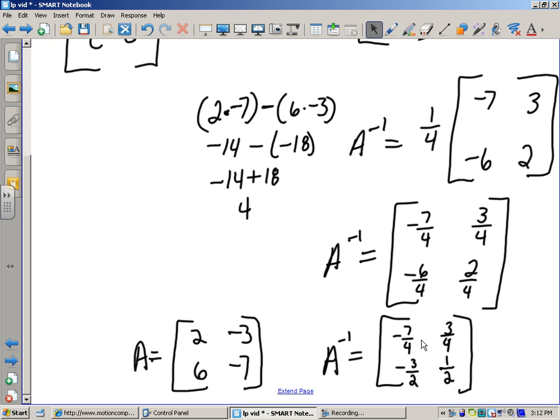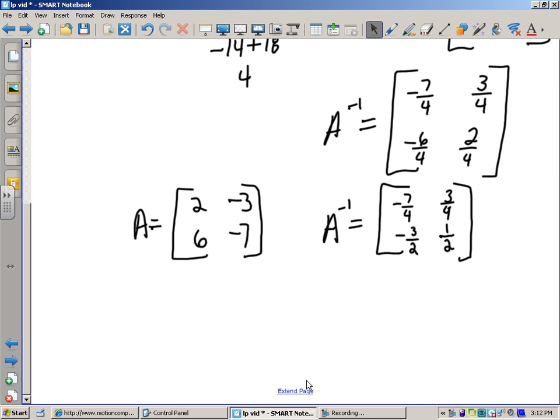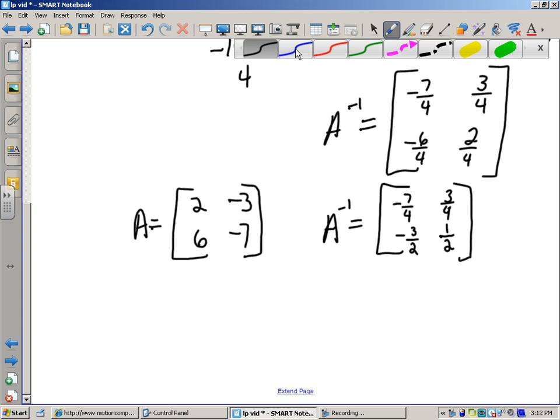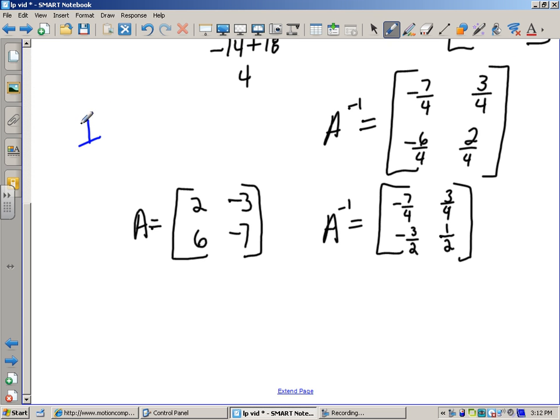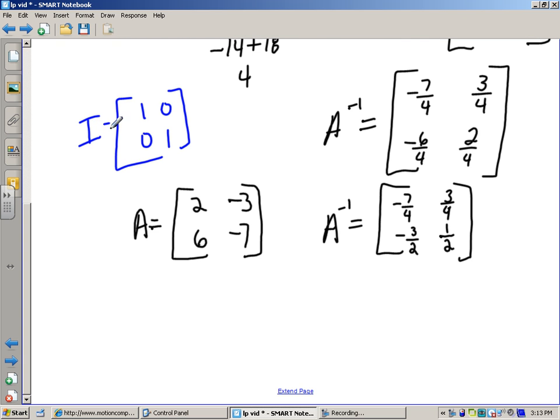But let's just go back and see if, in fact, it is the inverse. Let's check ourselves. Remember, A times A inverse is going to give you the identity matrix. The identity matrix is simply a matrix with 1s on the diagonal. So it's going to be something like that. So what we're going to do is multiply them together and see what happens.